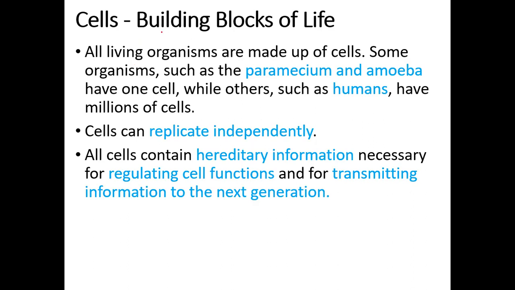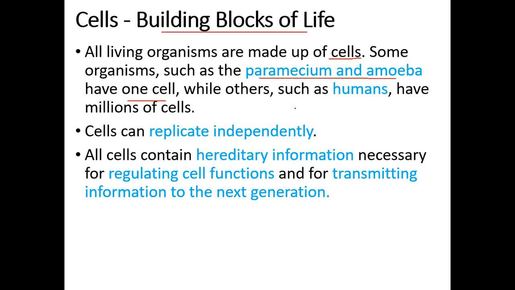So cells are the building blocks of life. Why do we say so? All living organisms are built up of cells. Each and every organism has a set of cells, or maybe there are single unicellular organisms as well, like paramecium and amoeba.